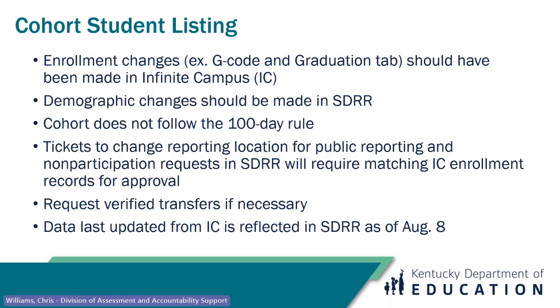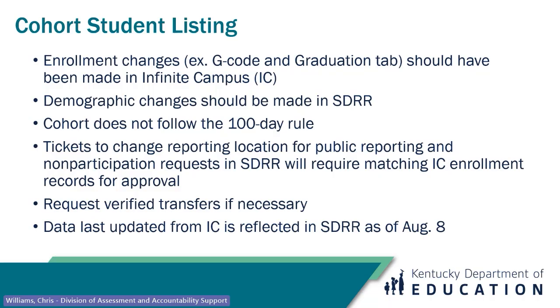Now, things that we always want to make sure that we talk about with cohort, important things in Infinite Campus, are the G codes and the graduation tab. Because if you do not get those correct in Infinite Campus, that will also show some issues when it comes to students not being on time.